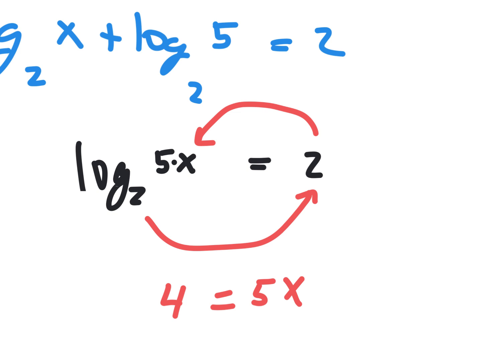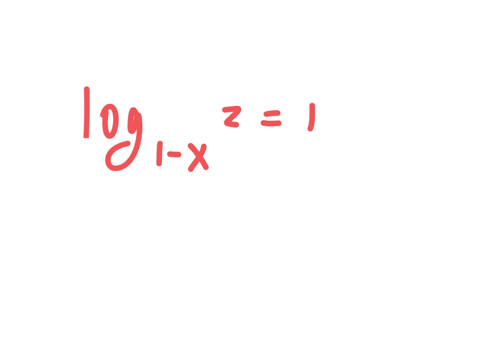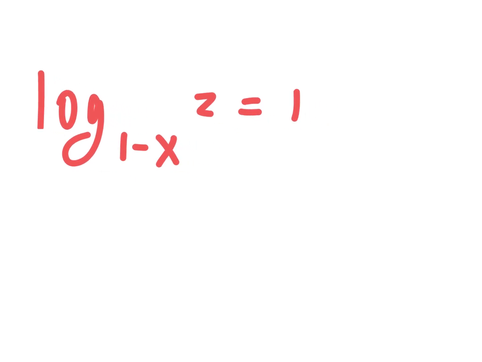All right, here's another one. Now, just to clarify, all of this 1 minus x, that's all in the base. The argument part, I'll put a parenthesis around. That's the argument part.